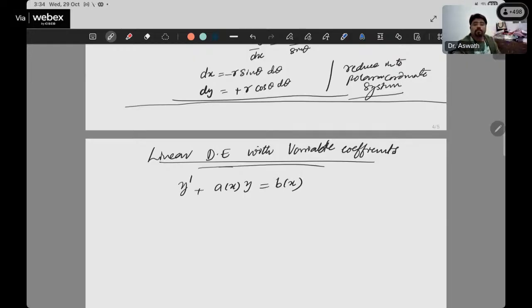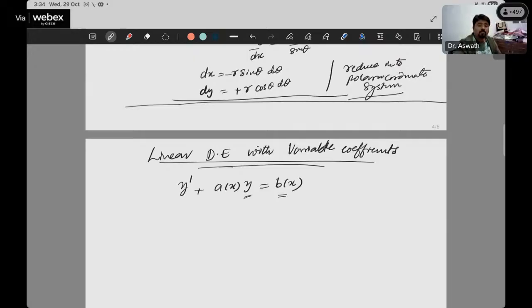Earlier the multiplier of the function was a constant, now it's a variable, and on the other side also I have something which is a function of x. So these are variable functions.